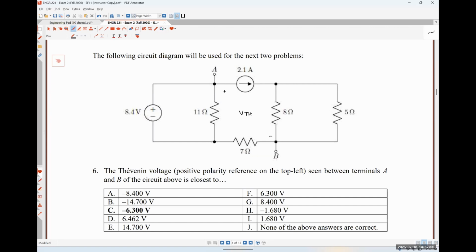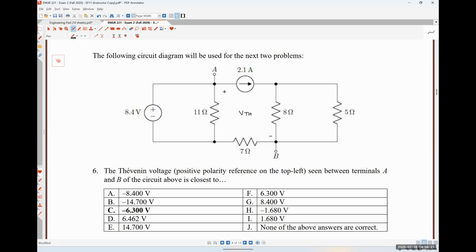Let's do nodal analysis, and now I'm trying to decide where I want to put my ground. Part of me wants to put it at terminal B, but the other part of me wants to put it on the bottom of the 11 ohm resistor.